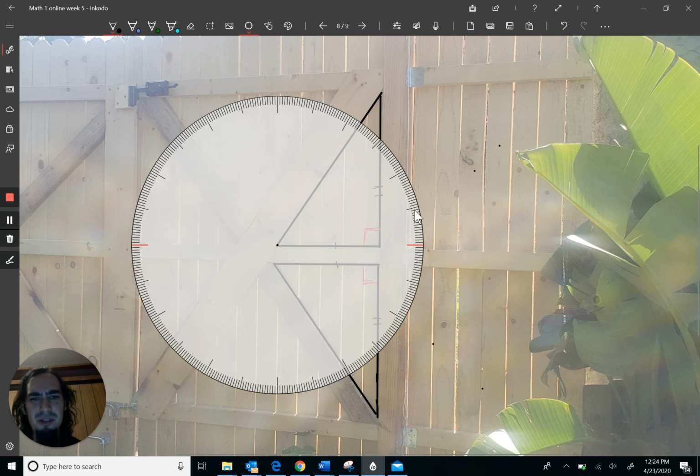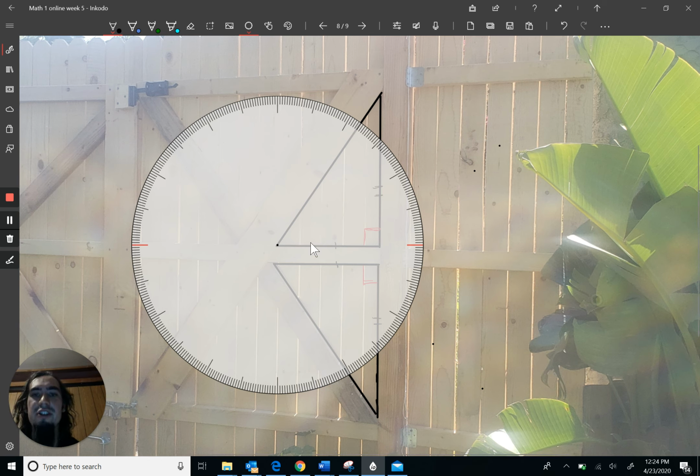And these markings are very tiny, so I already know that from here to here is 15. So this is 30, and this is 45. So now to count, 46, 47, 48, 49. Let me try it again. 46, 47, 48, 49, 50, 51, 52, 53, 54, 55. Looks like it's pretty right there on 55.